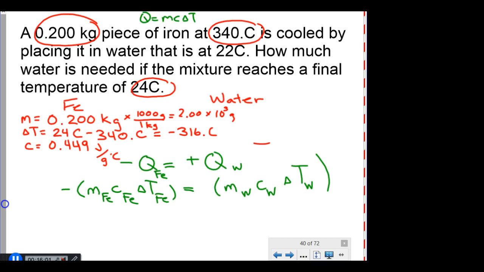That's just the iron side. Take this information and substitute it into here.